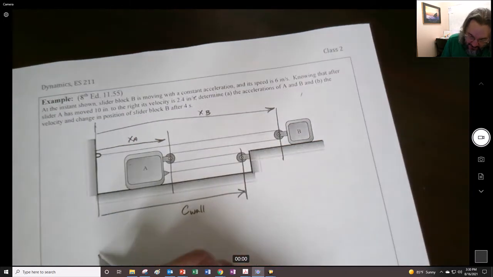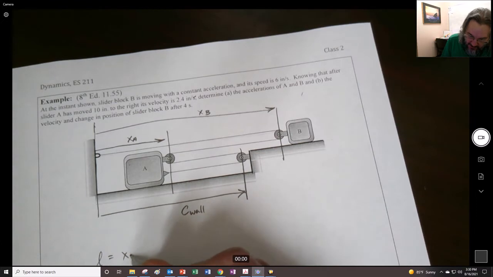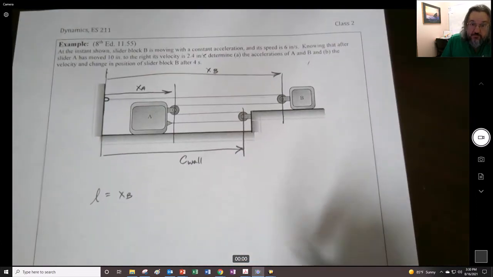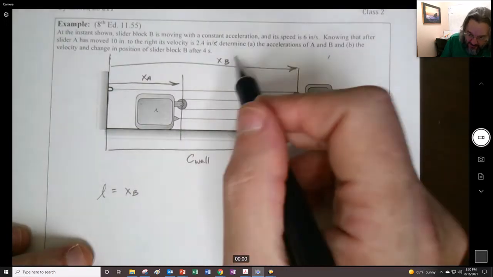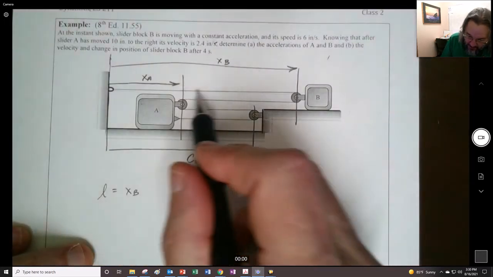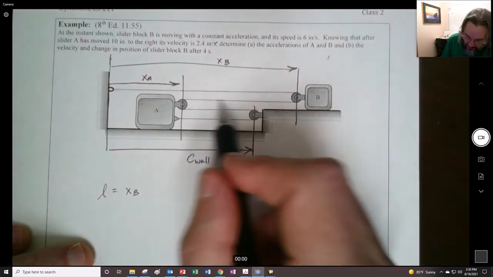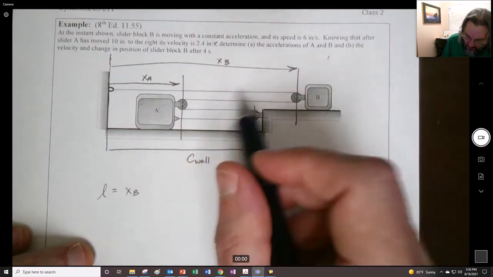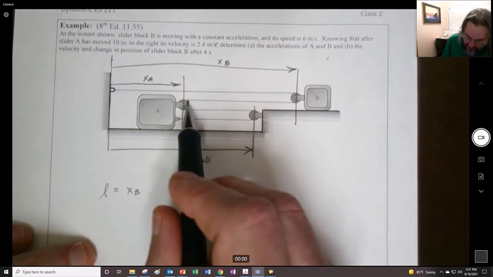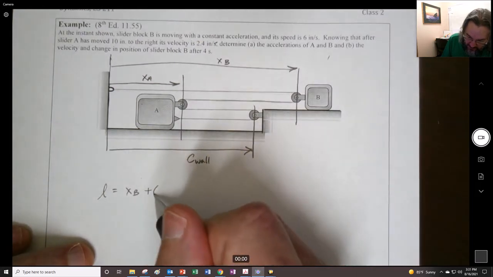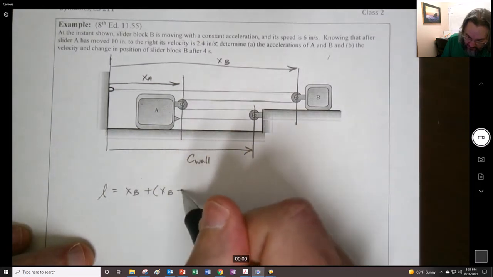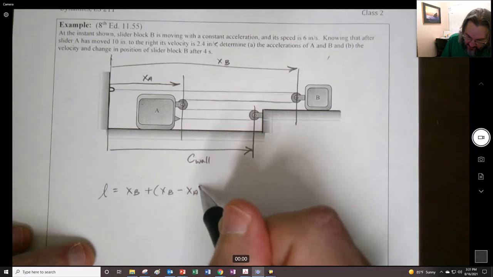That's just going to be the length XB. That's the length of this guy. Now let's go back and figure out the length of this one right here. Well, that's going to be XB minus XA for that length. So I'll go plus XB minus XA.